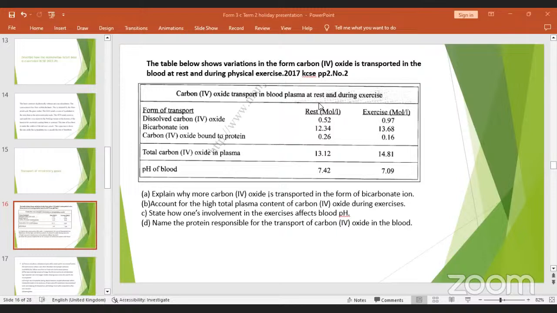Now, state how one's involvement in an exercise affects the blood pH. What's the relationship between exercise and pH? Alvin in Europe, what's the relationship? When you engage in a very tough exercise, there is an effect on your pH.